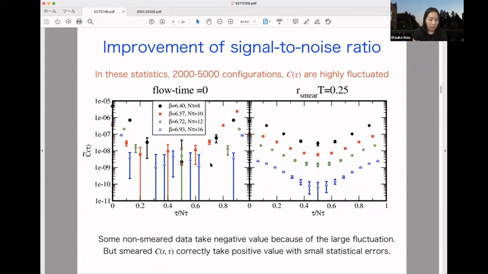You see some data are missing because some non-smeared data take a negative value because of large fluctuation. However, once we perform the gradient flow, the smeared correlation function correctly takes a positive value with a small statistical error.